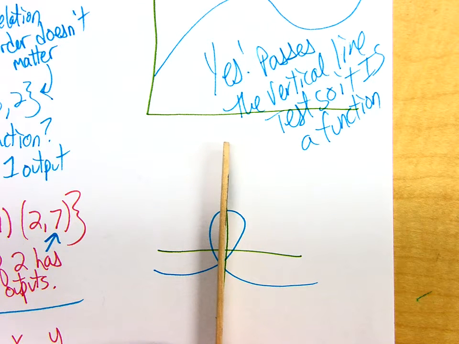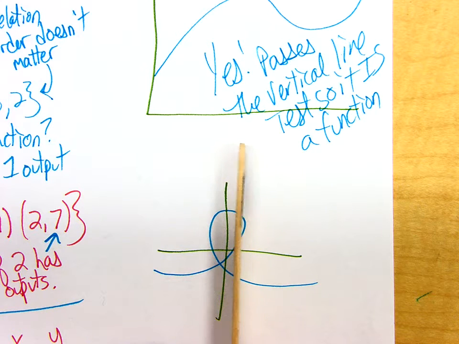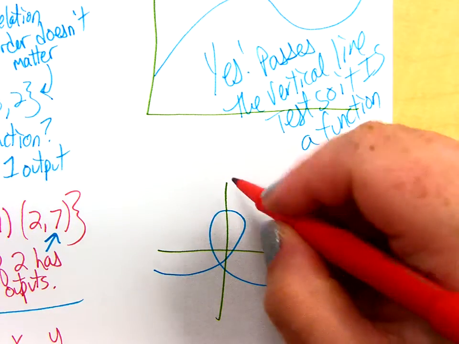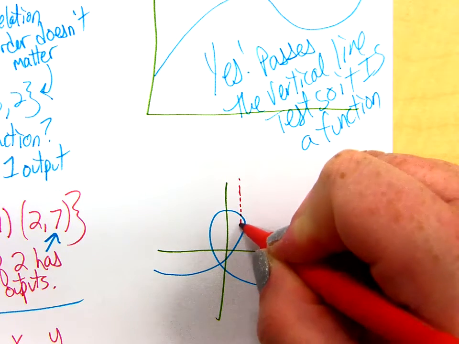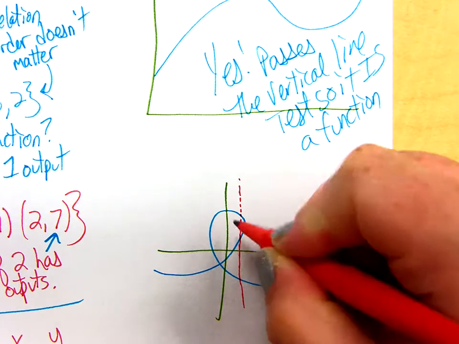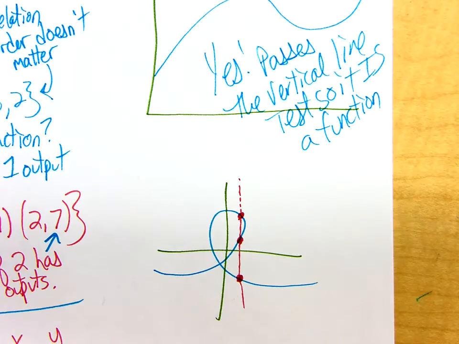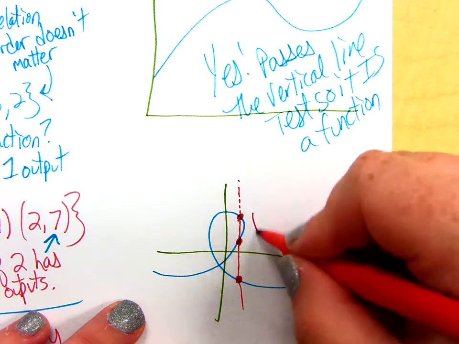It's hitting the popsicle stick multiple times, 3 times in fact. Look how it's hitting more than once. Once, twice, 3 times. Fails the vertical line test.